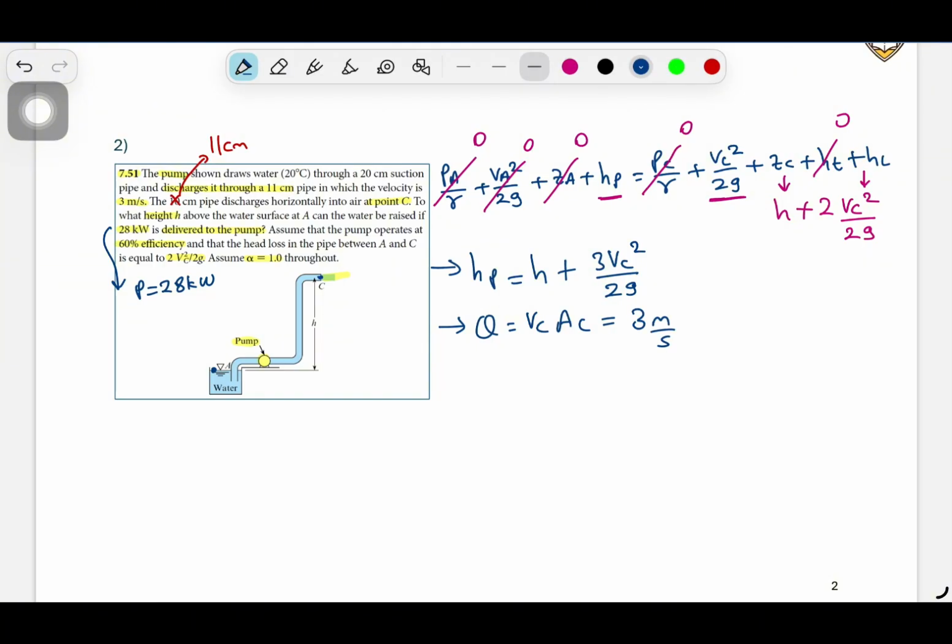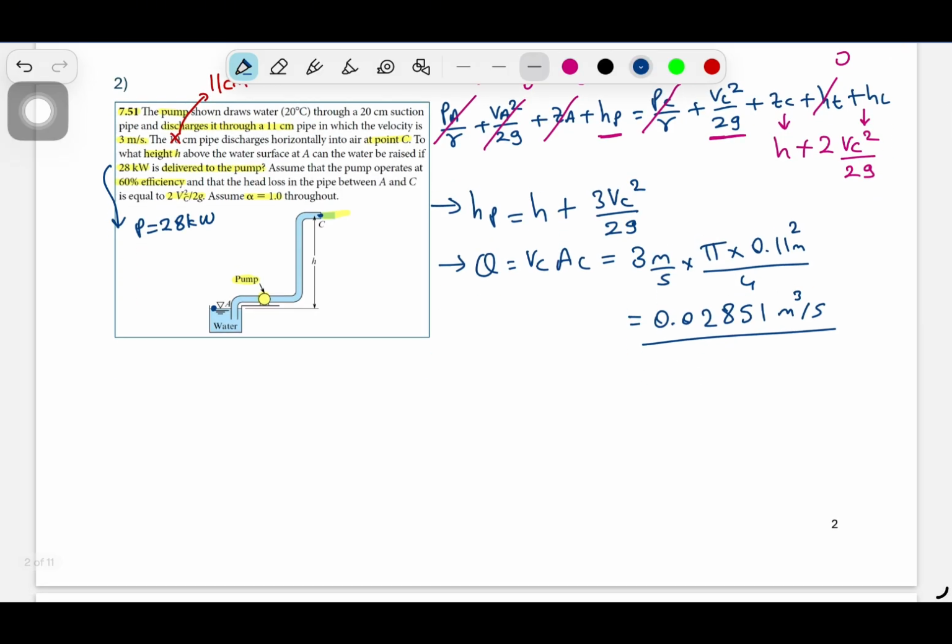So we have 3, and then we have area, which is pi times diameter square, 0.11 meters, over 4. So it is 0.02851 cubic meter per second. So this is the flow rate within the system.